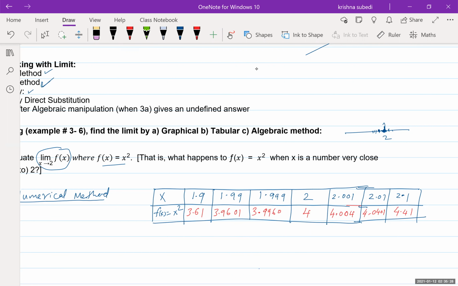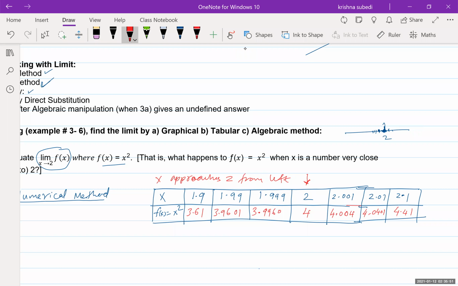Now notice that on this side, x approaches 2 from the left. So these are the values on the left hand side.